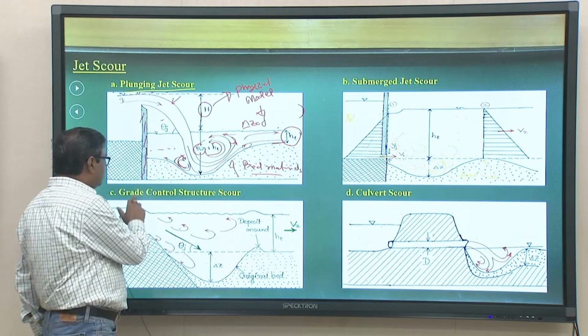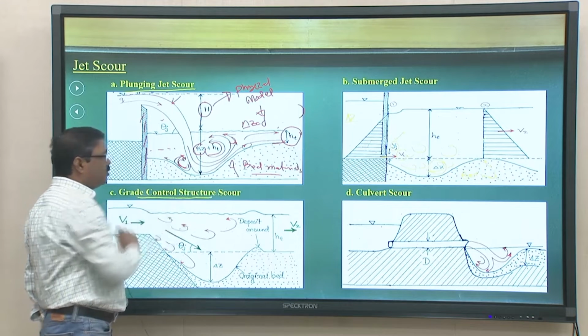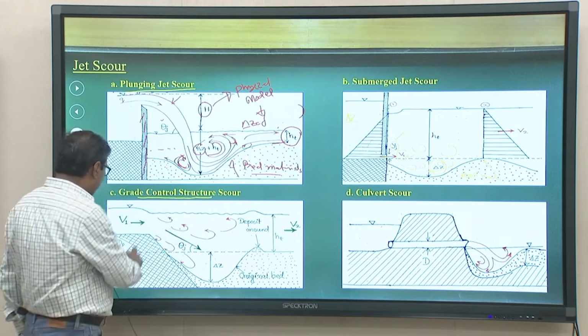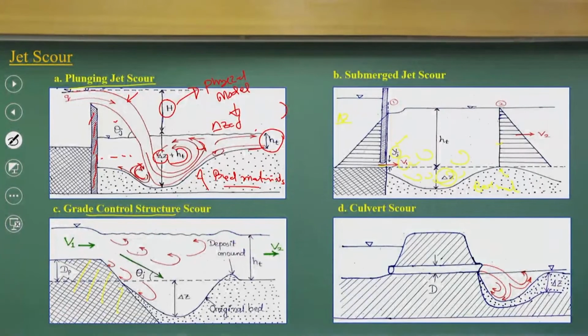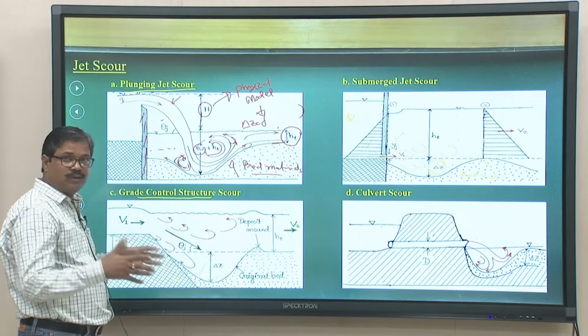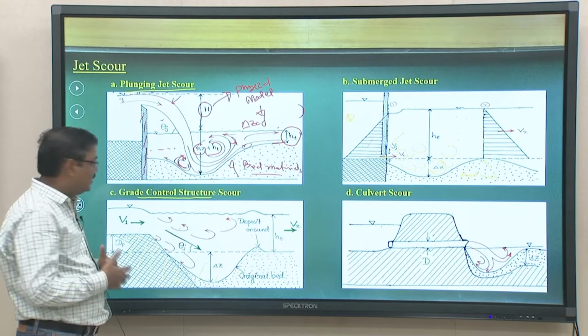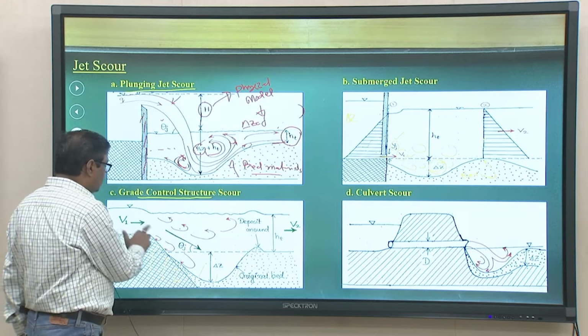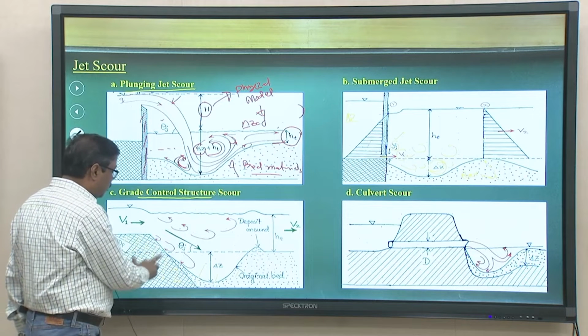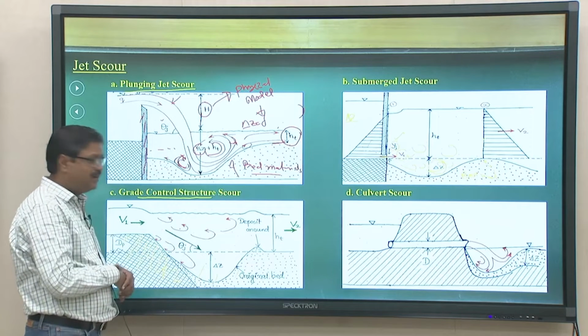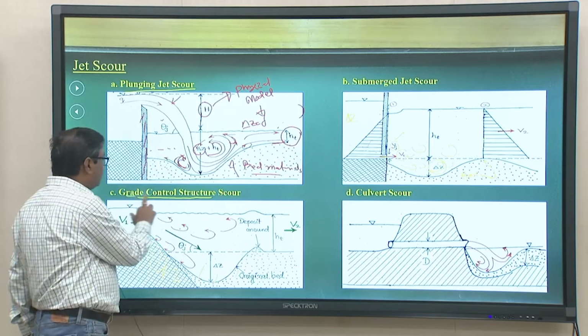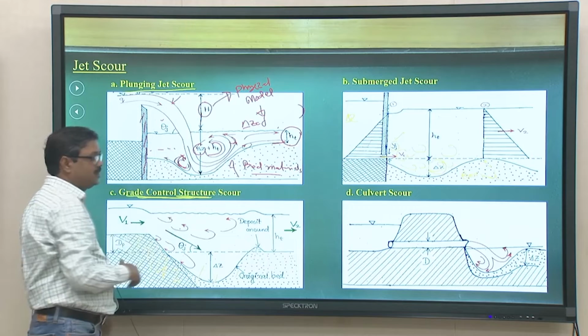But many times you can have grade control structure scours. That means you may have a higher level and then a lower level of scouring material. It can happen in rivers. You may have regions where you have stones followed by sand. Because of the stone and sand, or if you have a weir on the river bed, you can have grade control structure scour.